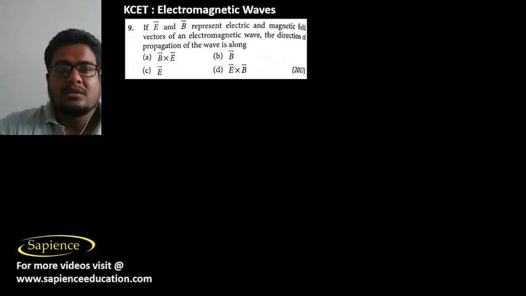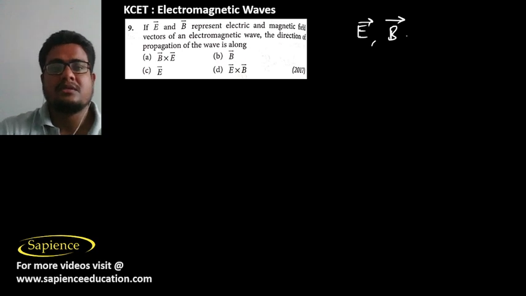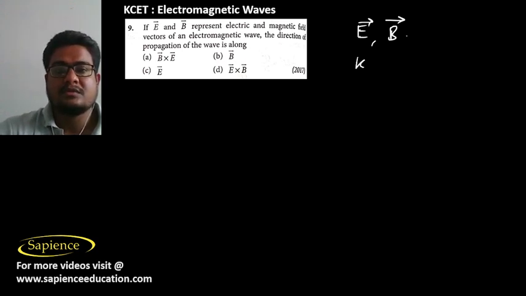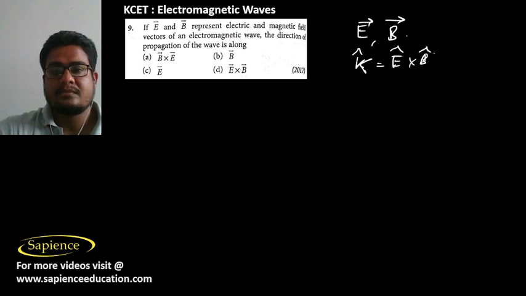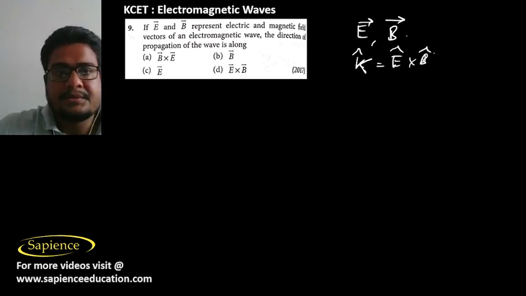Number 9 is told, if E and B represent the electric field and the magnetic field of an electromagnetic wave, then the direction of propagation of the wave is the k cap, that is given as E cap cross B cap.